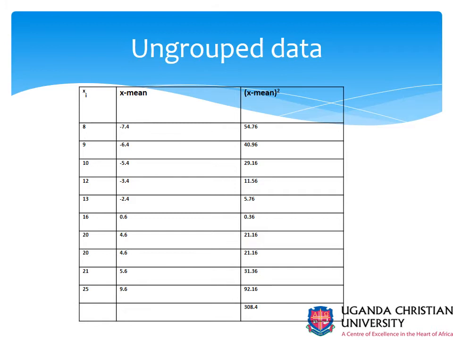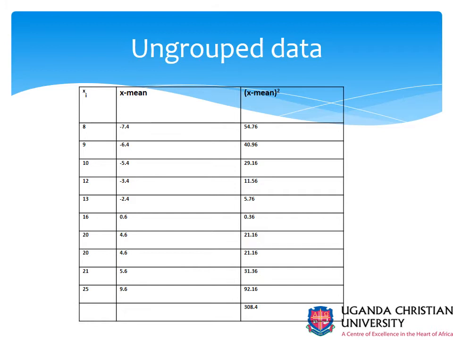When we square, we are trying to get rid of the negatives we had before. The sum of the third column is then divided by the number of observations. You may divide by n minus 1, or you can take n. The difference between those two answers will be very small. However, according to some sources, dividing the squared deviations by n minus 1 gives a better estimate of standard deviation and variance.